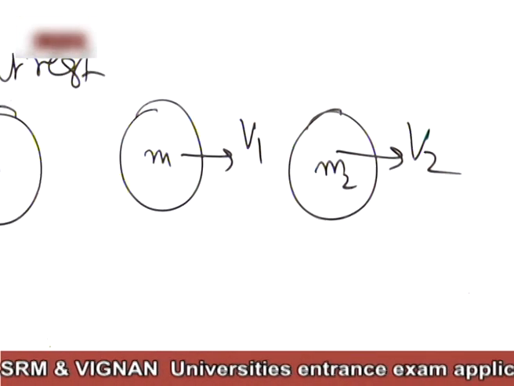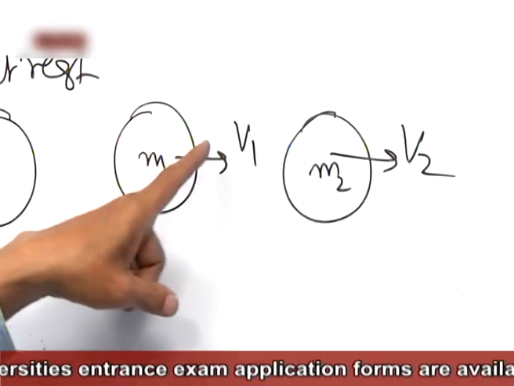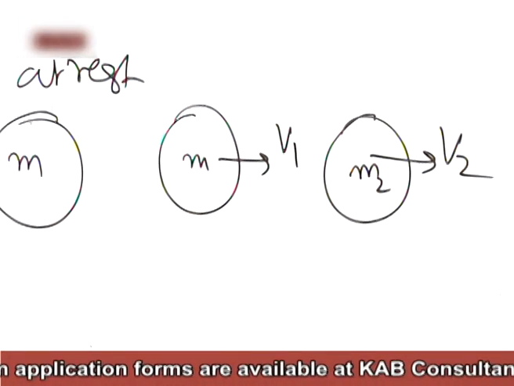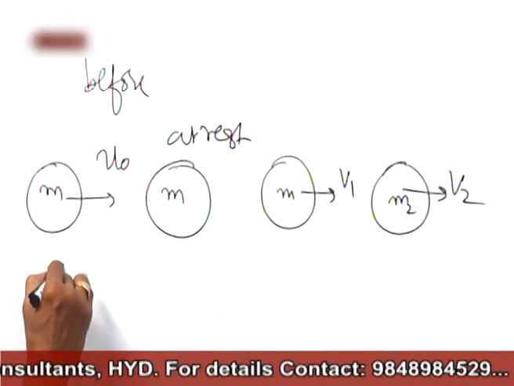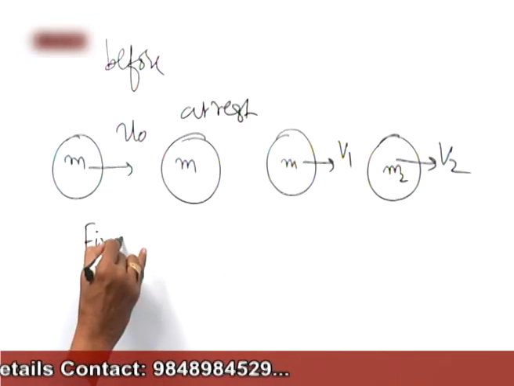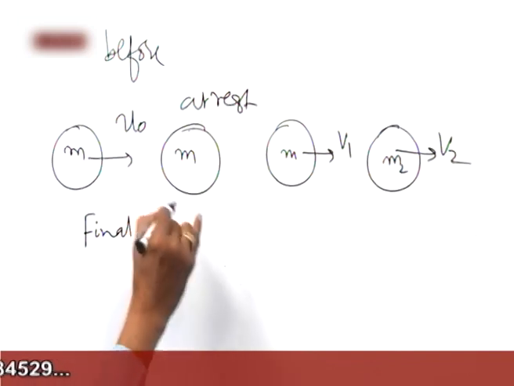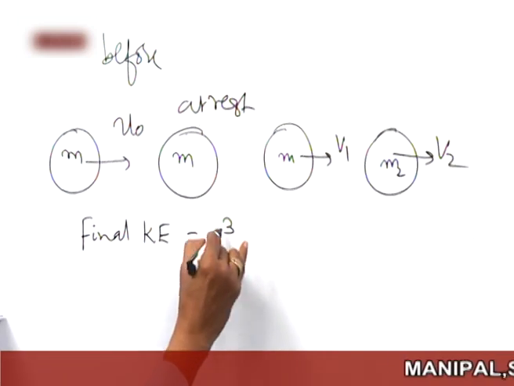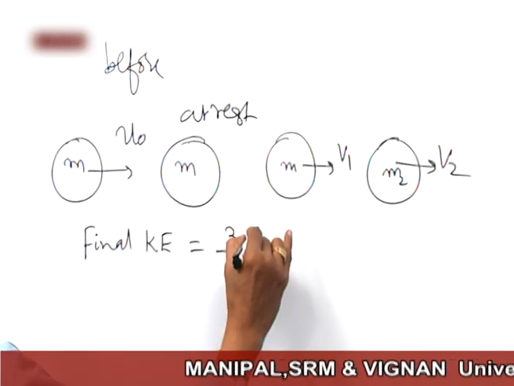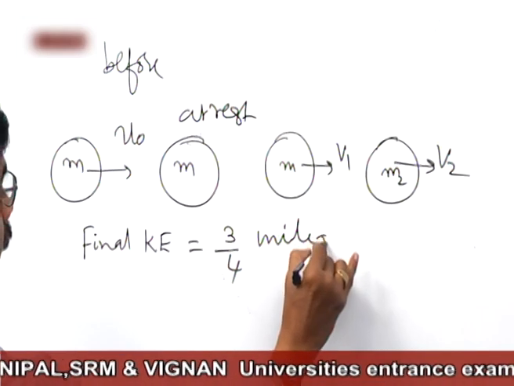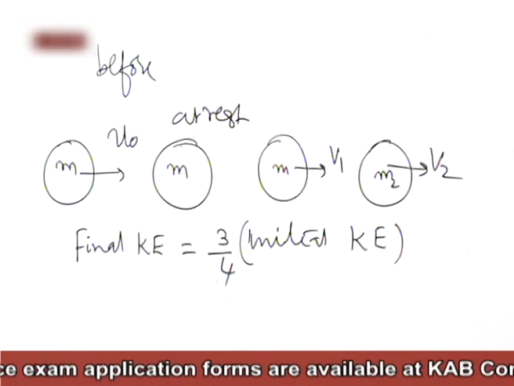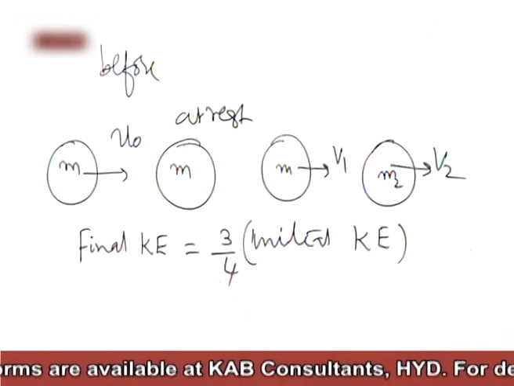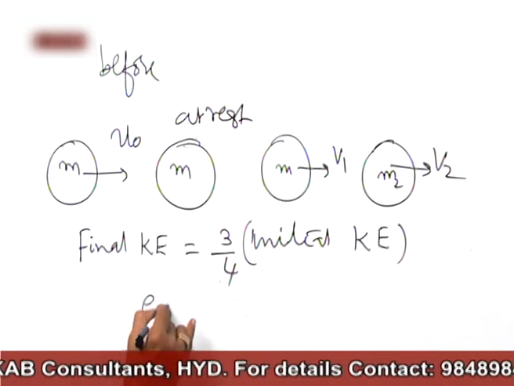The velocities change from u0 and 0 to v1 and v2. What is given is that the final kinetic energy of the two balls is 3/4 of the initial kinetic energy. Then we are asked to calculate the coefficient of restitution.